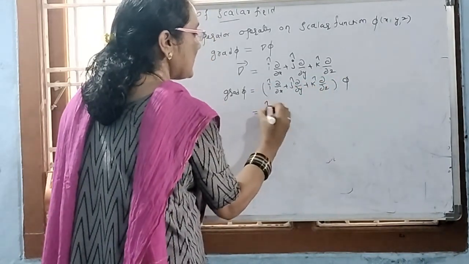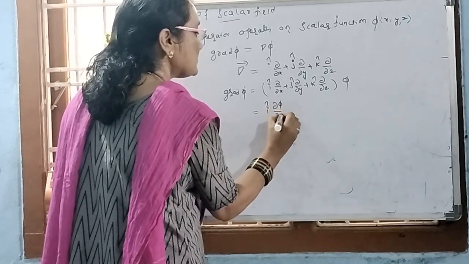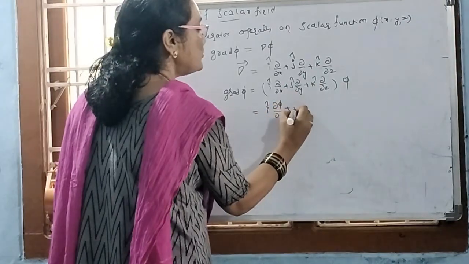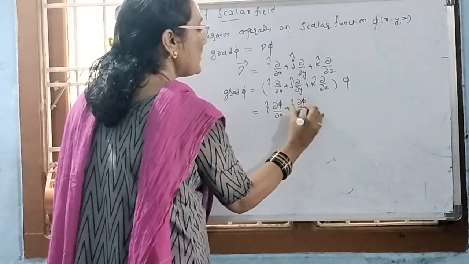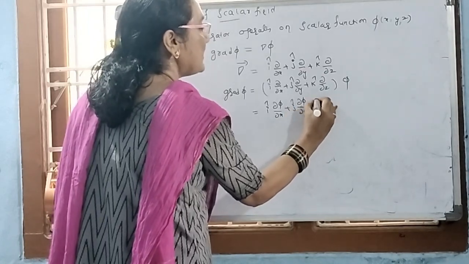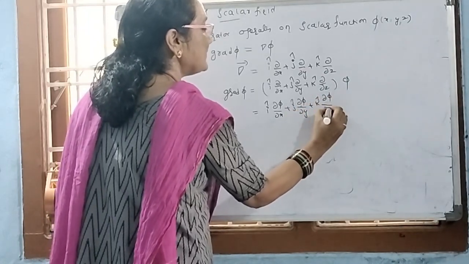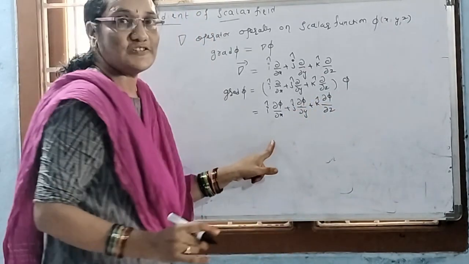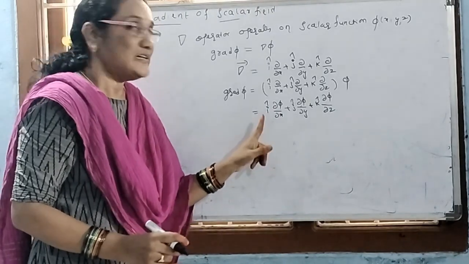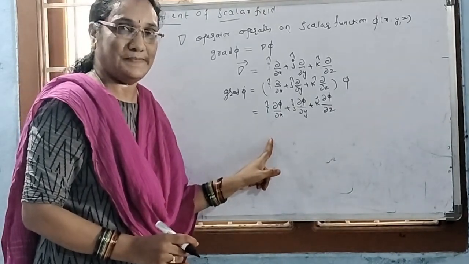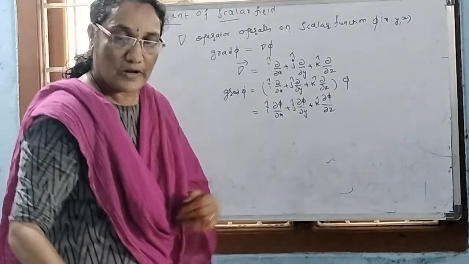So this is written as i dou phi by dou x plus j dou phi by dou y plus k dou phi by dou z. So in such a way, we will write the gradient of a scalar field.